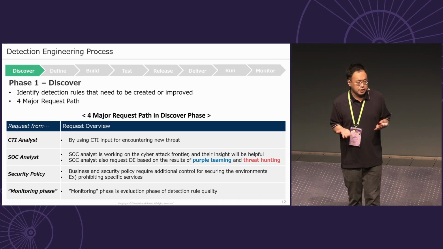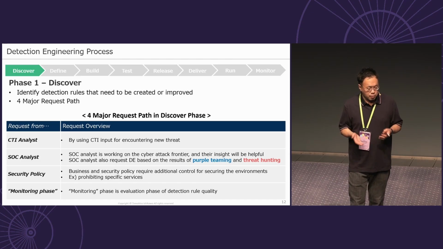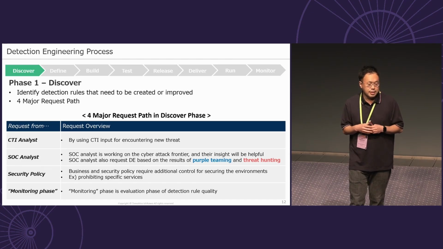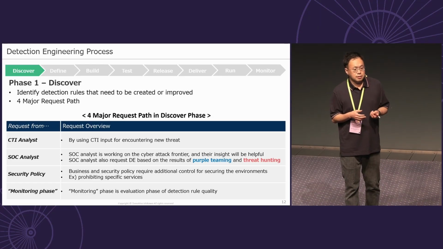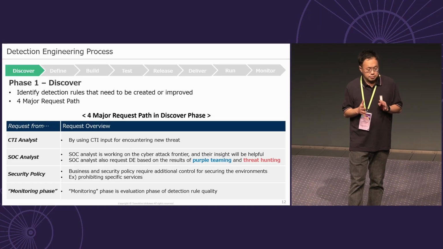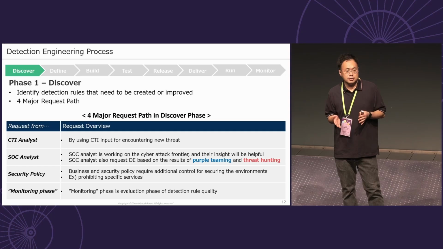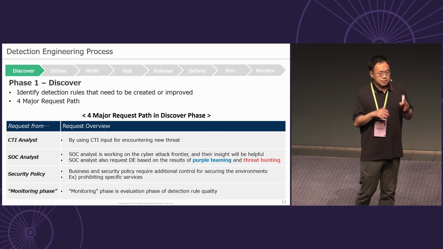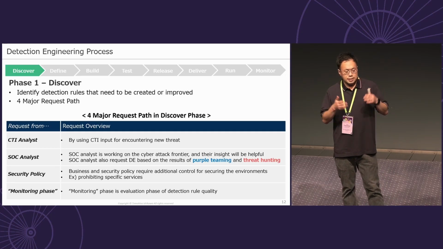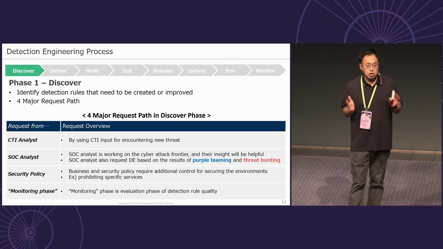There are 4 critical persons in the discover phase. The first one is a CTI analyst, absolutely. They understand the latest techniques and latest threat actor activity. This is a very important input. The second person is a SOC analyst.